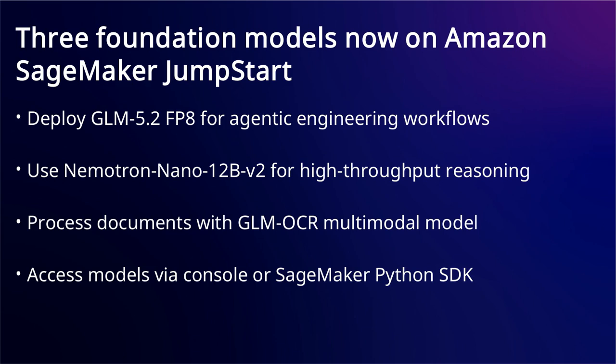Second, you can use NVIDIA Nematron Nano 12B V2 with its hybrid Mamba 2 and transformer architecture to achieve up to 6x higher inference throughput on reasoning and non-reasoning tasks with a 128K context length. Third, you can process complex documents including scanned PDFs, handwritten notes, and multilingual text with GLM OCR, which reconstructs structure and formulas into Markdown, JSON, or LaTeX.